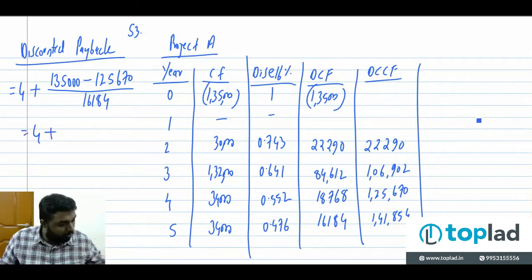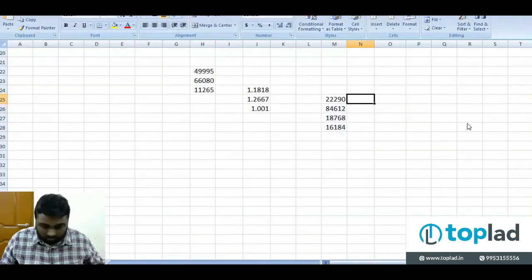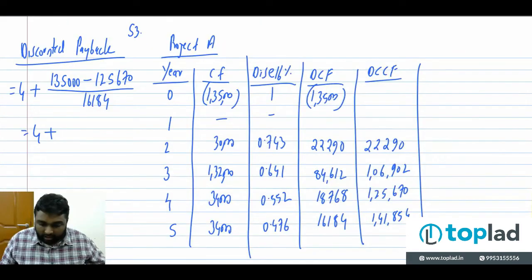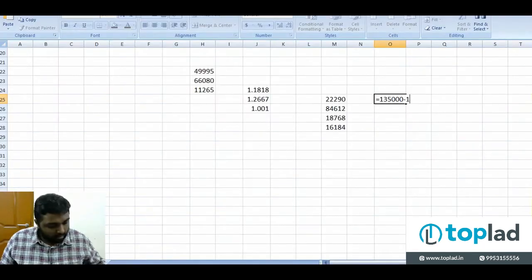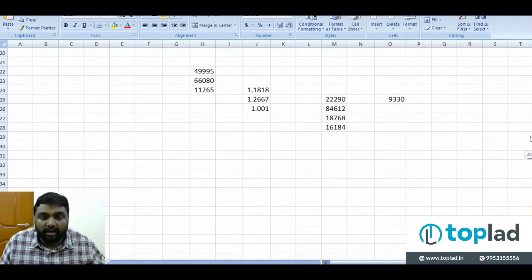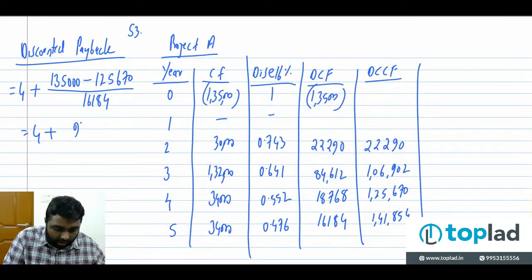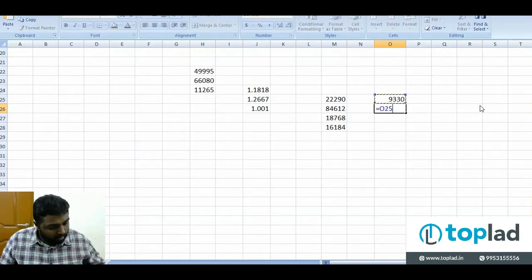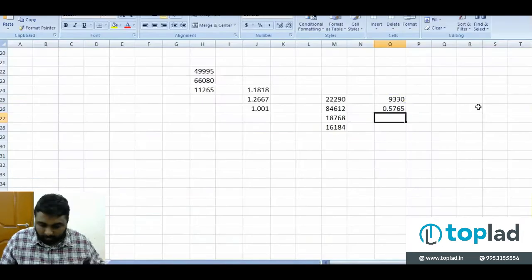So 4 plus 1,35,000 minus 1,25,670, which is 9,330. 9,330 divided by 16,184 is 0.5765.